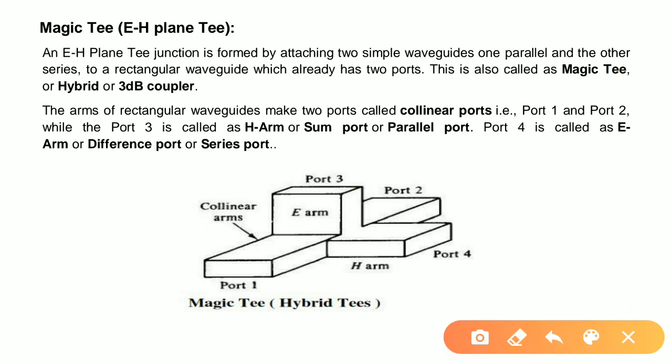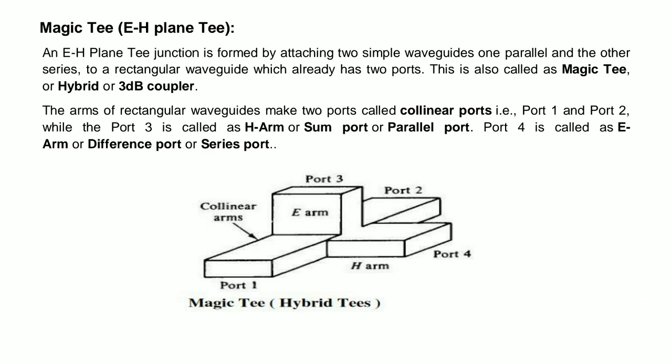And port number 4 is called the E arm or difference port and series port. So in total there are 4 to 5 names for each port. Port number 1 and port number 2 are the collinear ports. Port number 3 is the sum port or parallel port. Port number 4 is the difference port or series port.